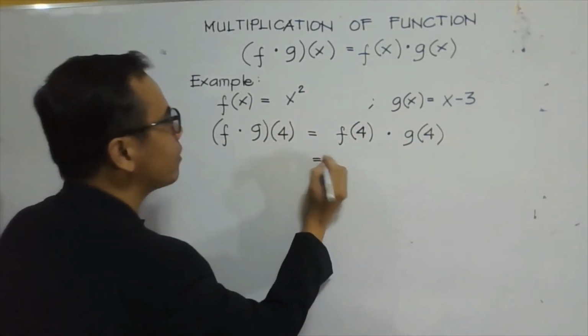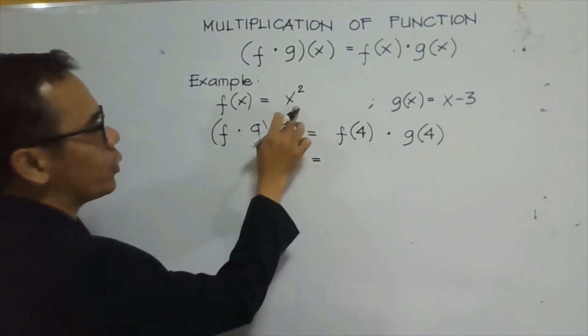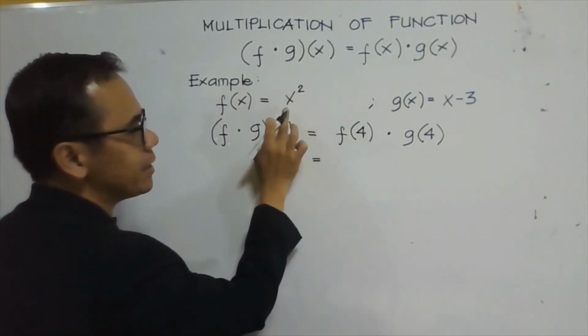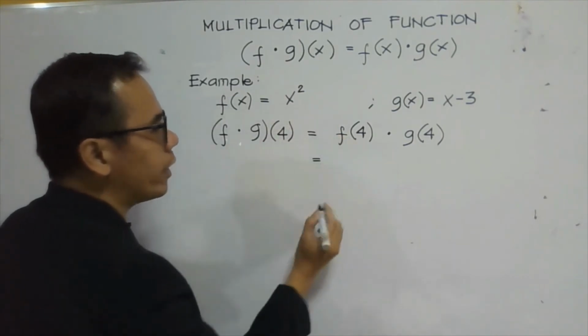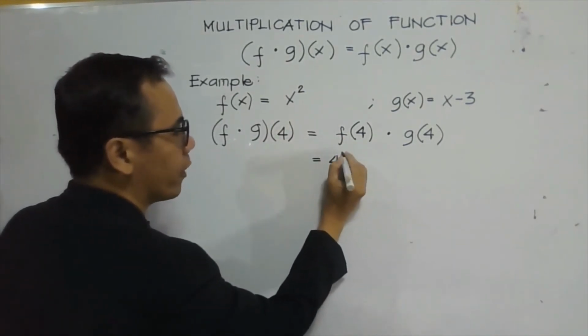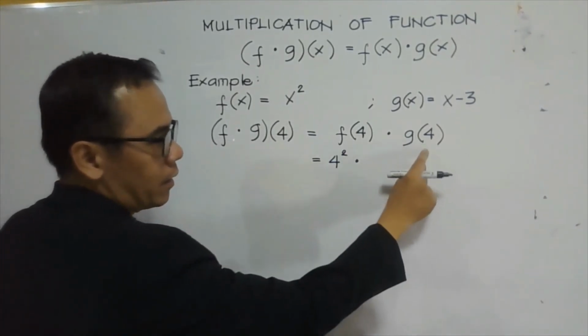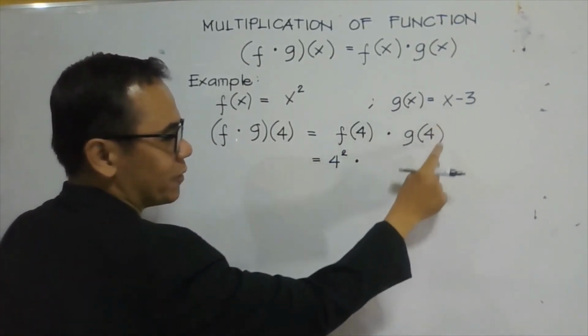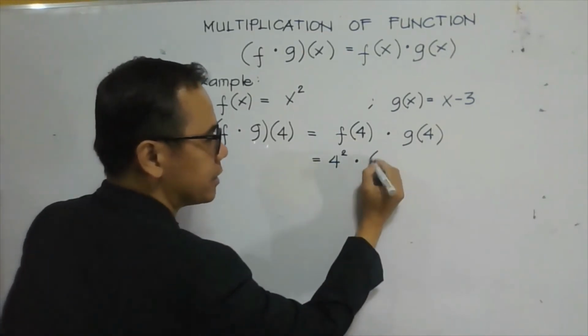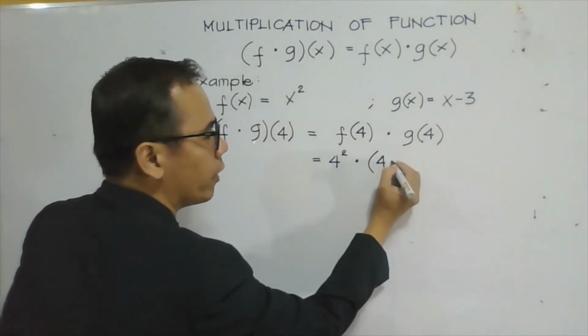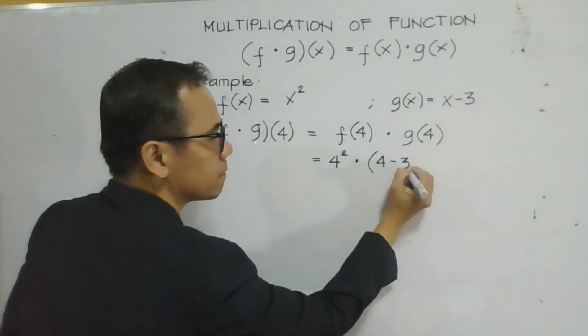So let's start with the function f. We have x squared, replacing x with 4, it becomes 4 squared, multiplied by, replacing the variable x with the value of 4, 4 minus 3.